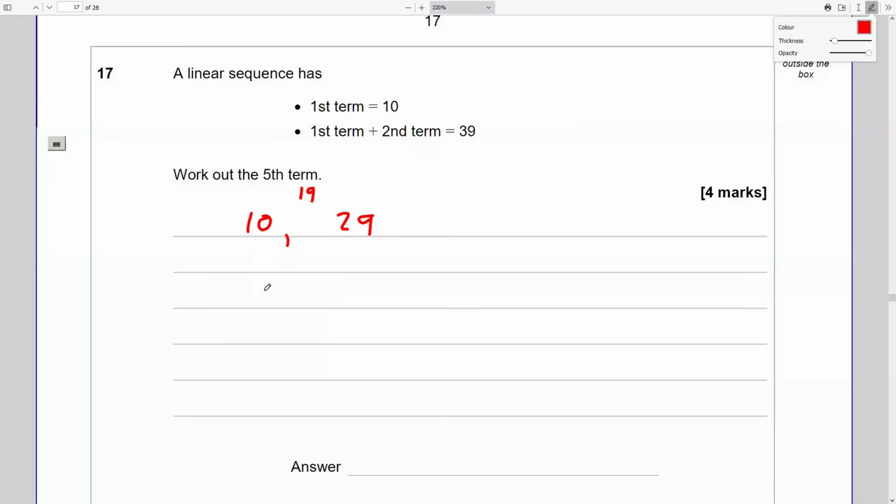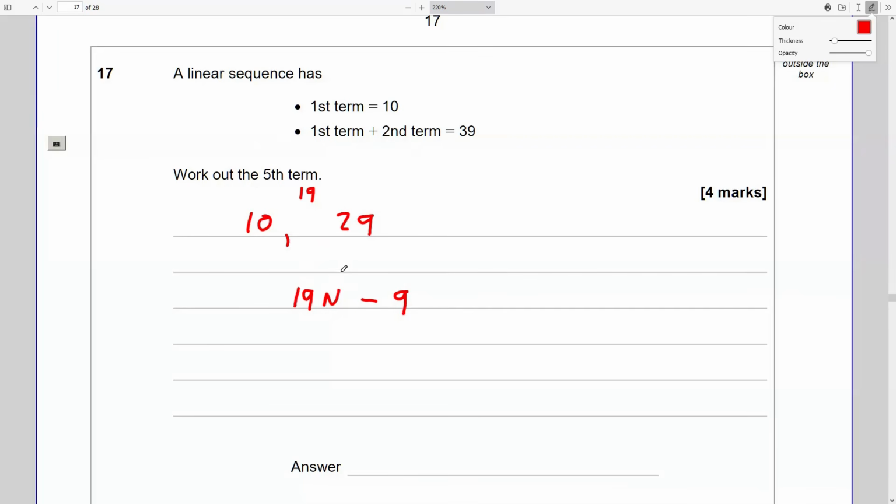And the way I like to do this, it's by the difference, 19 times n, but if n was 1, if it's the first term, we're meant to get 10. So the only way we're going to get 10 is we have to take 9 off. That's our sequence.